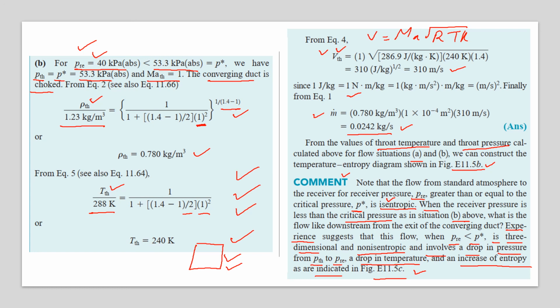So kindly go through that example that is just next to this one, and use this graph, which is I guess figure D.1, given at the end of your book. Solve that example with the help of this graph, so that you understand the usage of this graph. So see you in the next class.